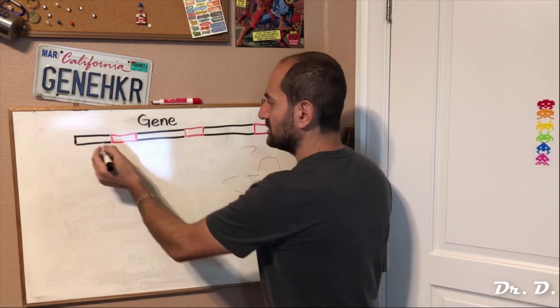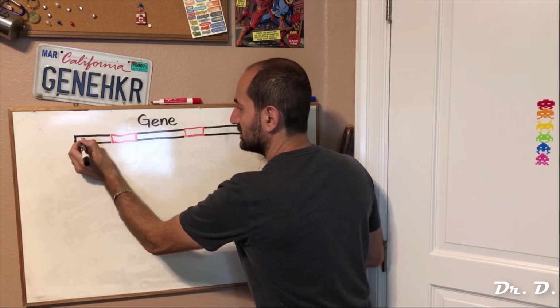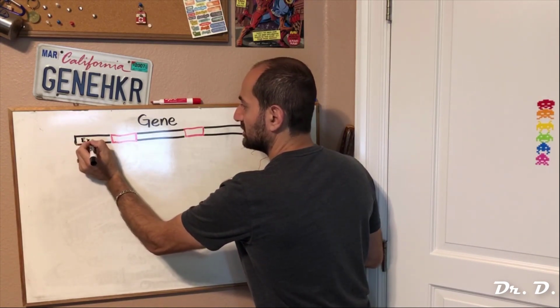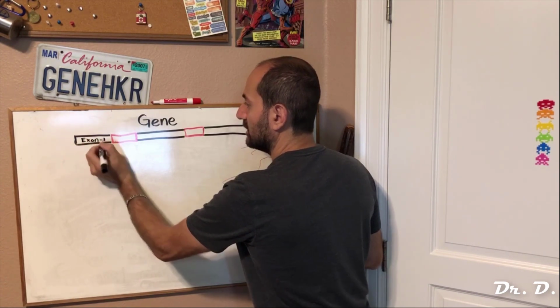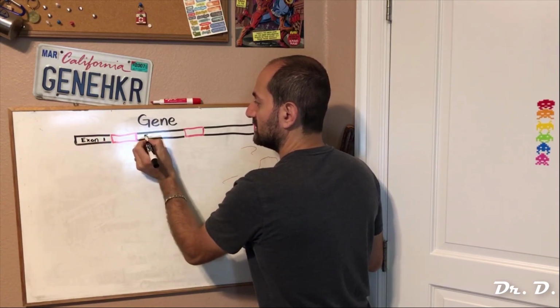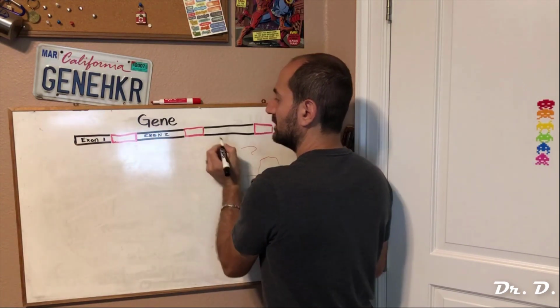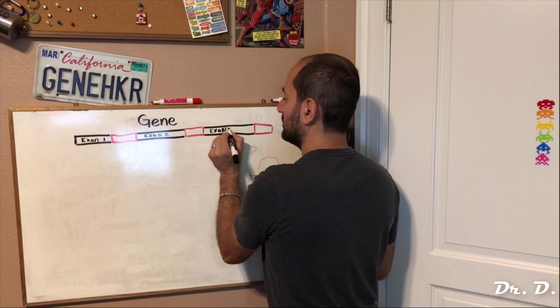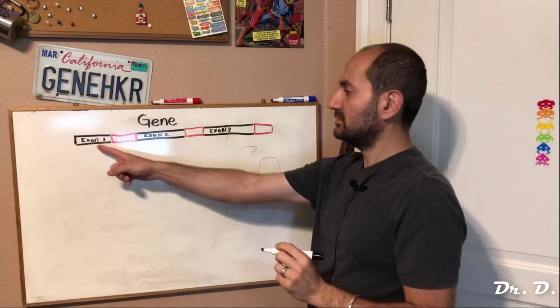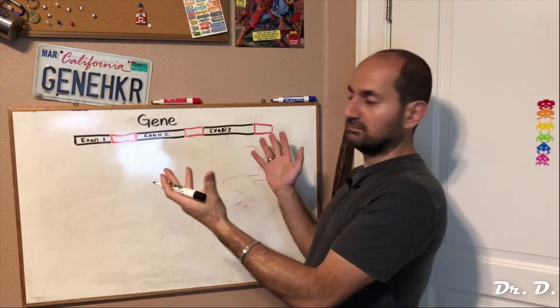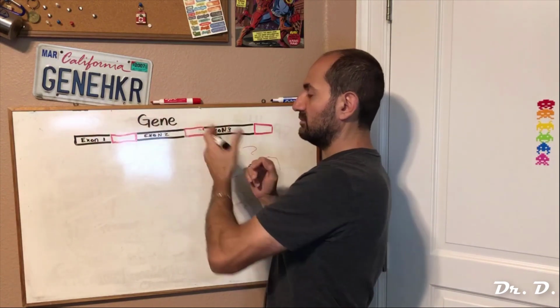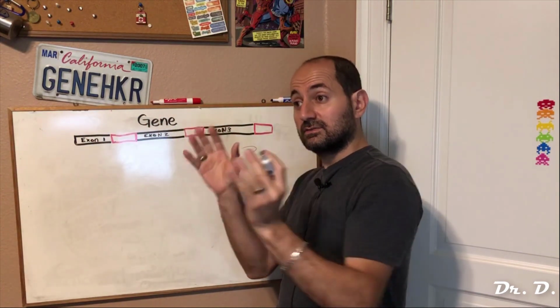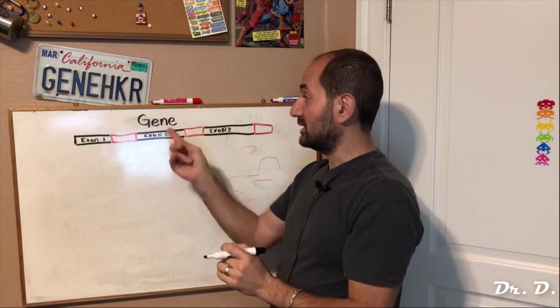So the parts that do code for protein are called exons. So this would be exon 1. This one would be the next exon, exon 2. And then you have exon 3. Exon 1, 2, and 3. So this gene in particular has three parts to it that code for this particular gene.